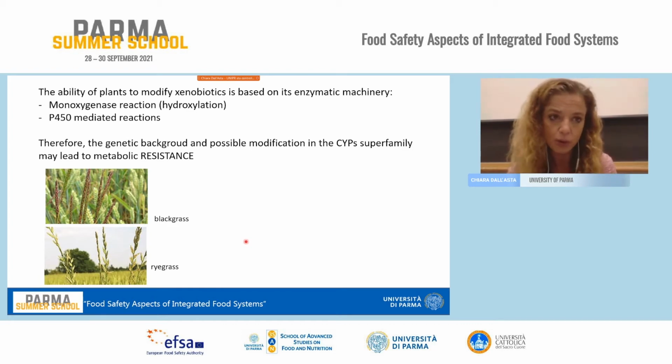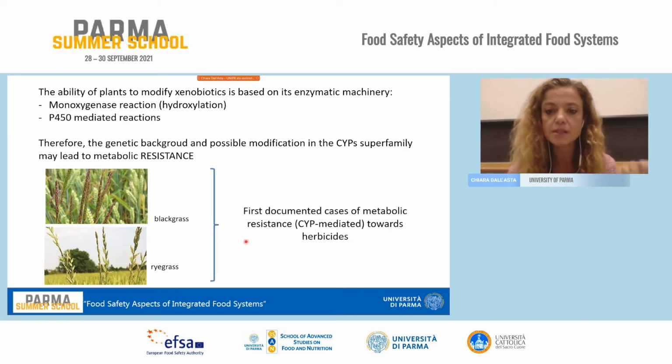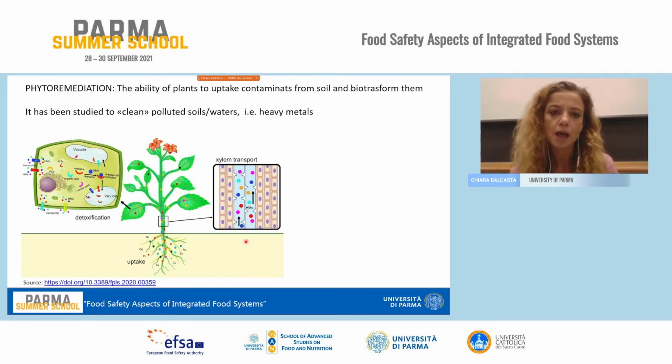These two plants that you have in the slides, the black grass and the ryegrass, were the first documented cases of metabolic resistance, CYP-mediated, so again, P450-mediated reactions towards herbicides. So these plants were able to resist the action of herbicides due to a very efficient metabolism. So it was known by the plant scientists.